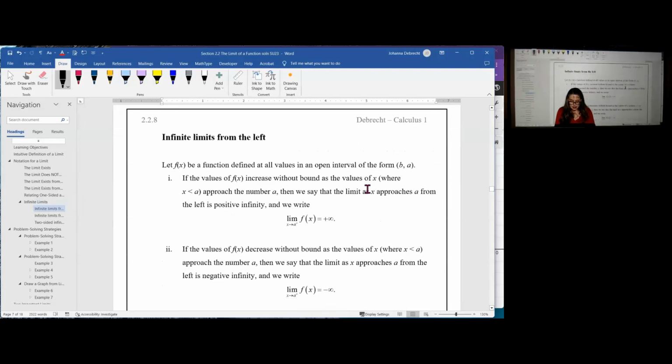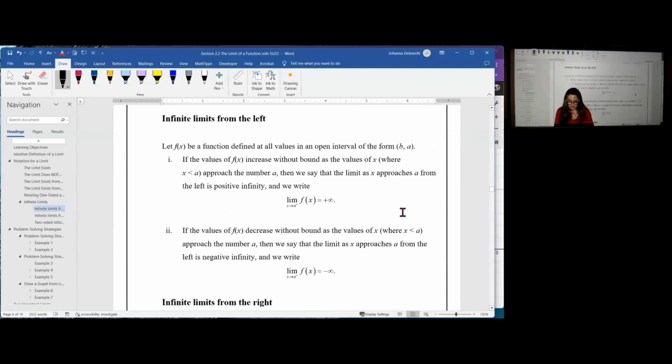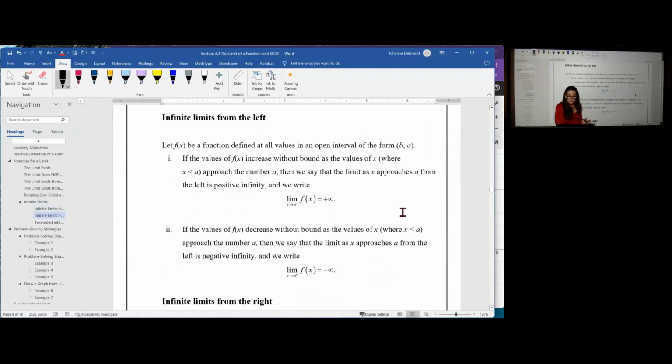There are 3 types of infinite limits we want to take a look at here. The first one is infinite limits from the left. And that means as you're coming from the left, the graph y values go towards infinity forever. From the left requires the negative in the power position above a.